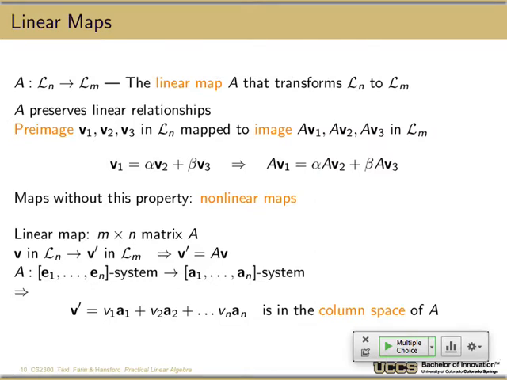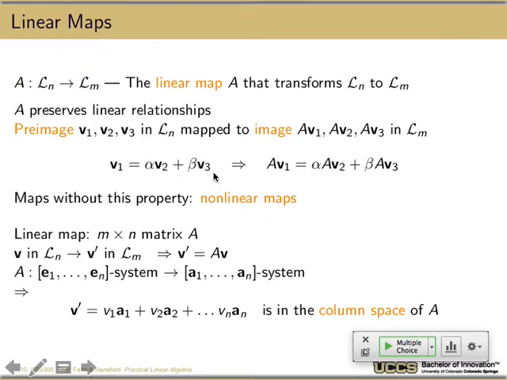And the important thing about linear maps is they preserve the linear relationship. If I have 3 vectors, v1, v2, v3, in the linear space Ln, and I map them to Lm, I get images A times v1, A times v2, right? Then they have to satisfy the linearity property.